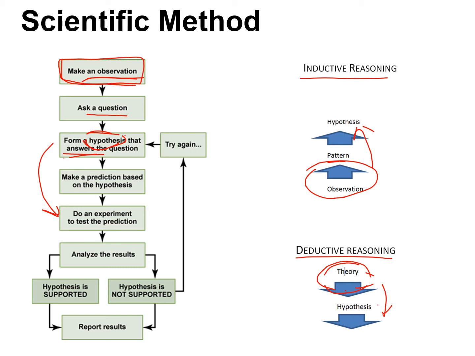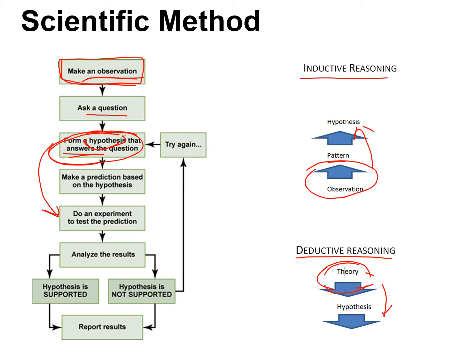Basically that theory says all living things are made of cells. So if all living things are made of cells and a human is a living thing, then a human must be composed of cells. That's deductive reasoning. Another example: dogs are carnivores, so that means your dog must be a carnivore. Those are two different ways to get to the hypothesis.